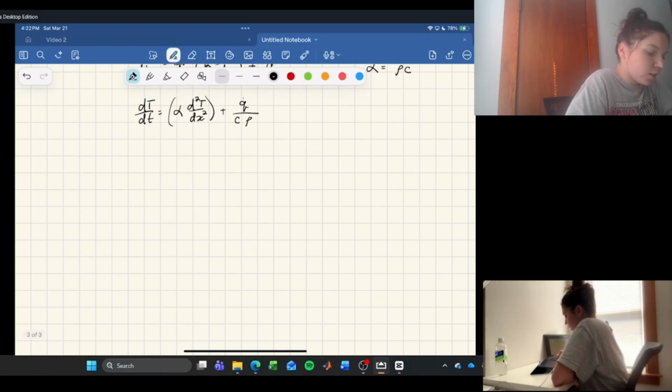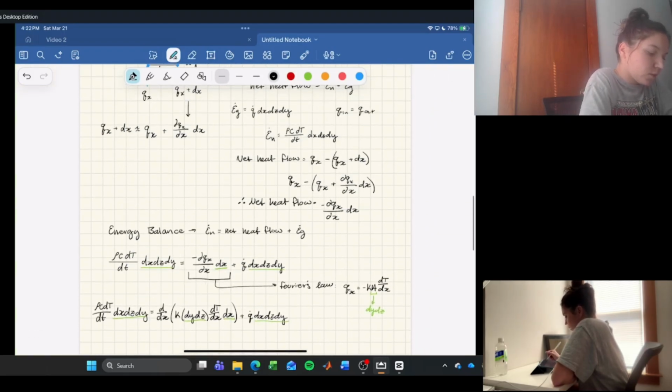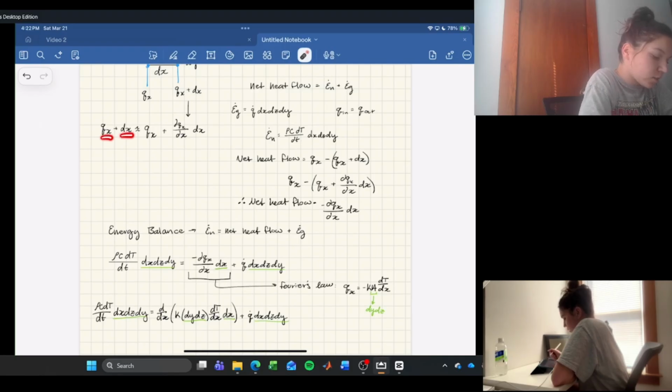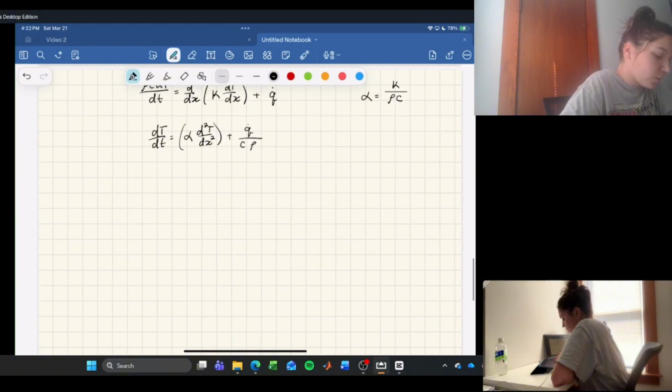You're basically just repeating the derivation steps from before, but instead of having this in terms of x and dx, you're going to do it for dy and dz as well.